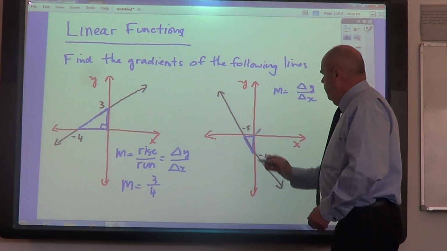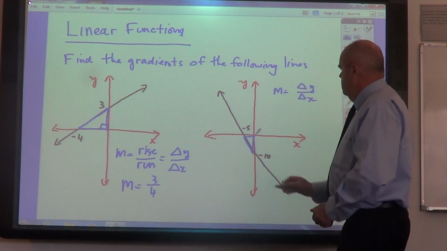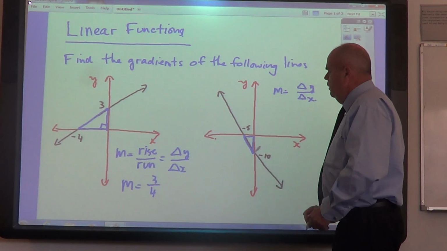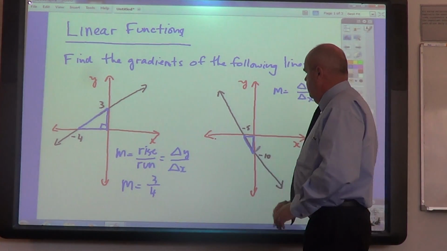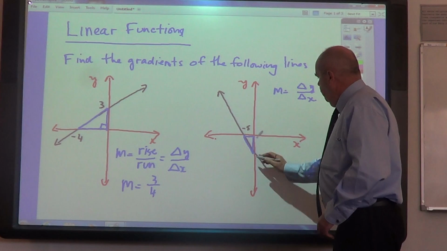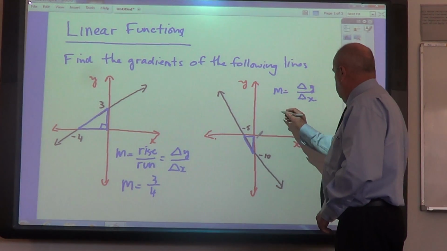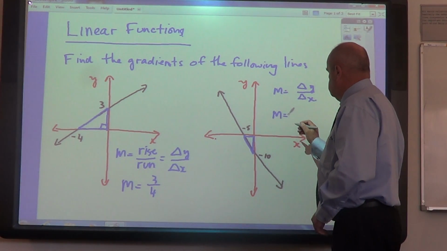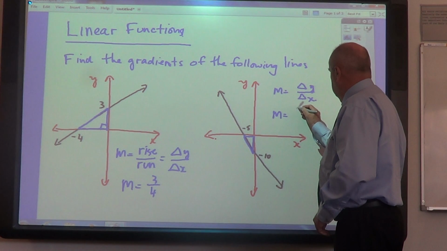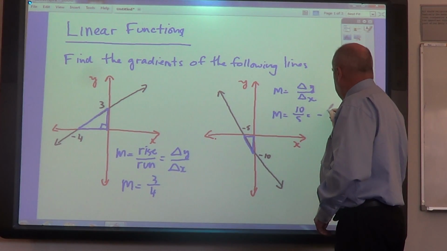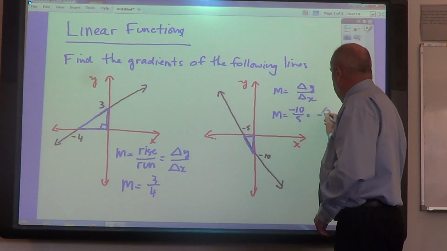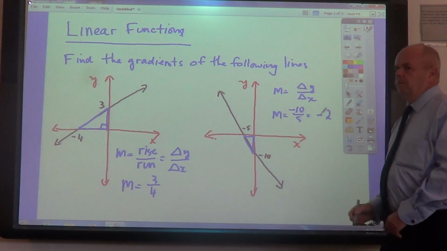So I'm moving 5 units in the x direction to get from that point to that point, always using my axes where they're available, and I'm falling 10 units. So my gradient is quite simply 10 over 5, which equals 2. But notice it is falling, so it's -2. Alright?